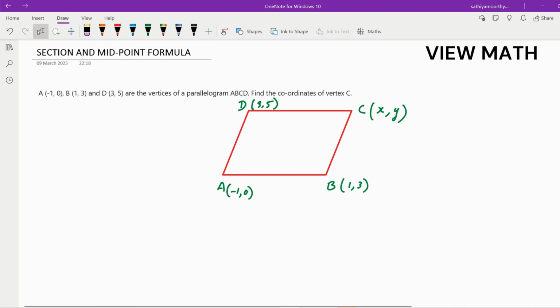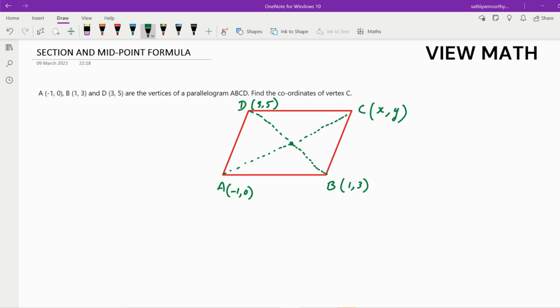Now what I'm going to do is draw a parallelogram. I'm going to draw the diagonal AC, and BD is the other diagonal. We know that the two diagonals intersect at the midpoint of the diagonal.